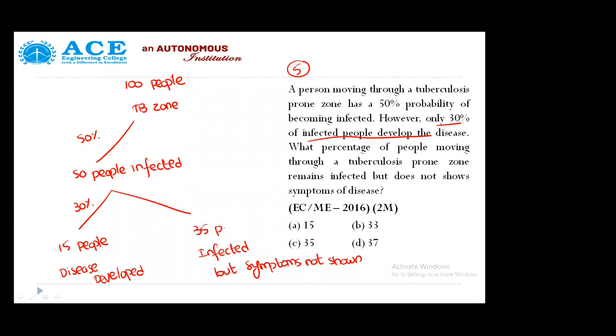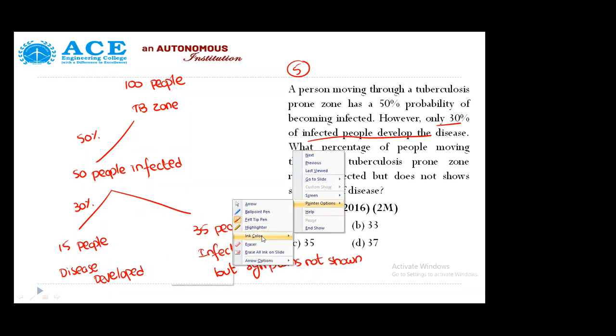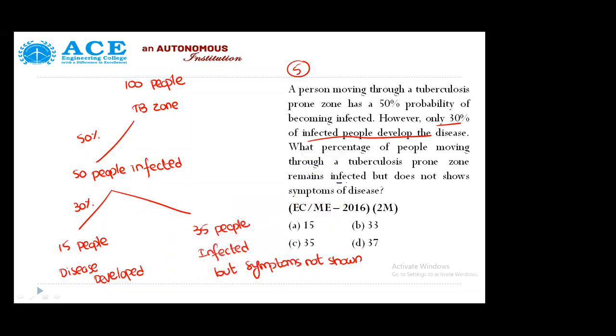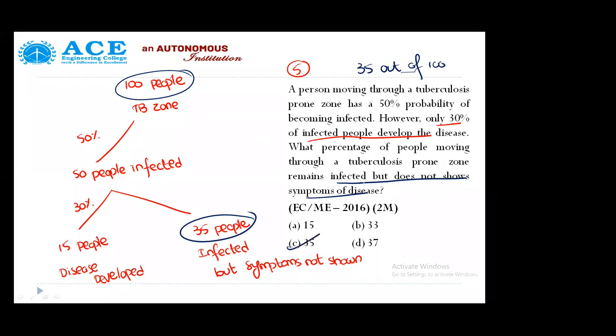Now they're asking how many people moving through the TB prone zone are infected but do not show symptoms of disease. That is 35 out of 100, which is nothing but 35%, my dear friends.